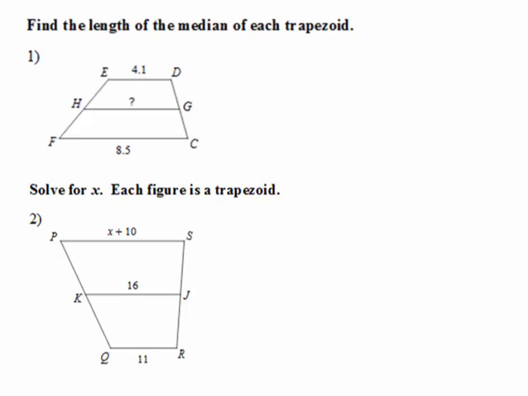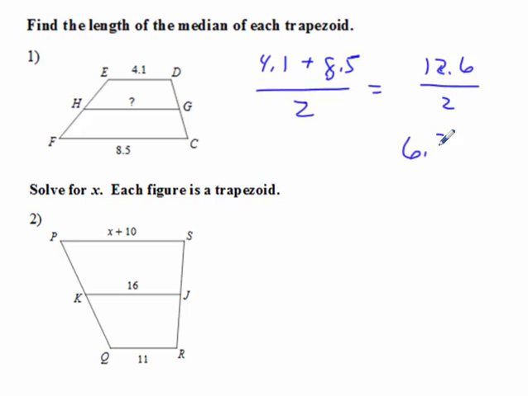So we're doing some more math here just to make sure we understand the lesson. So this is going to be one base plus the other base. Tablet's not writing properly. Divide this by 2. So we are going to get 12.6 over 2, so that's 6.3. Let's do some algebra over here.